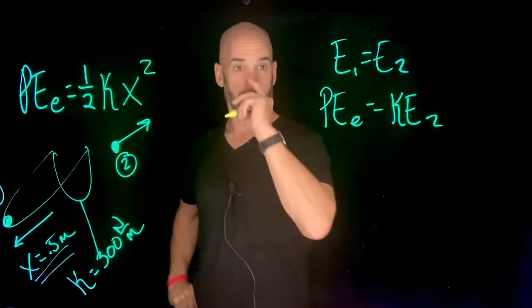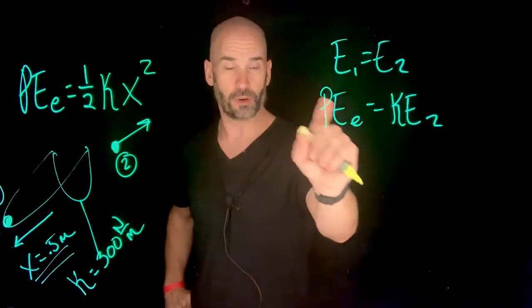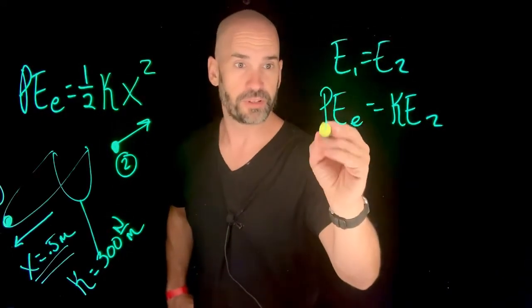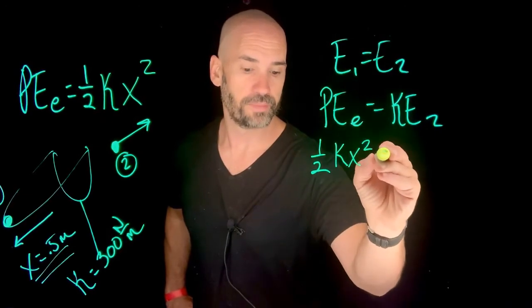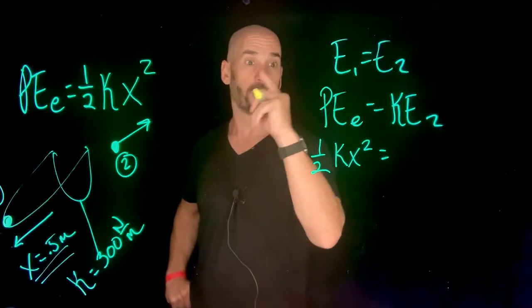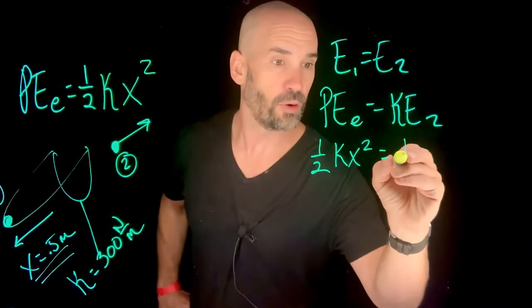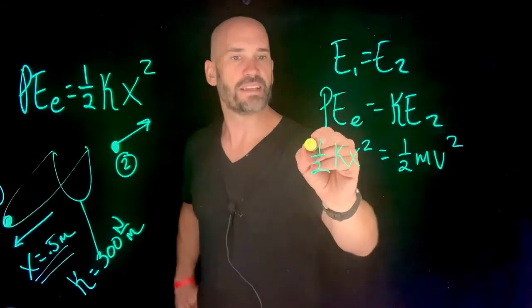Third step of any conservation of energy problem, we plug in our equations. We know that the equation for elastic potential energy is 1/2 kx squared, and the formula for kinetic energy is 1/2 mv squared. Right away, we can see that these 1/2s cancel.